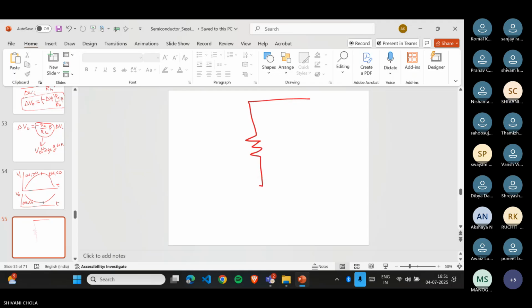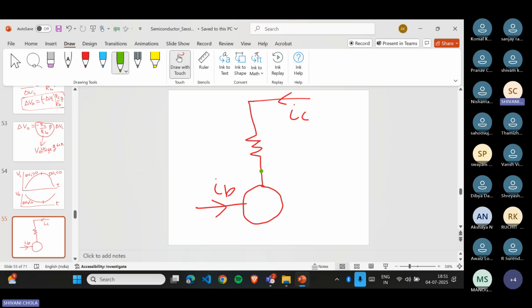I'm representing the transistor with this thing right now. So this is your IB, this is your IC, and my friend, let's connect a bulb across this part.